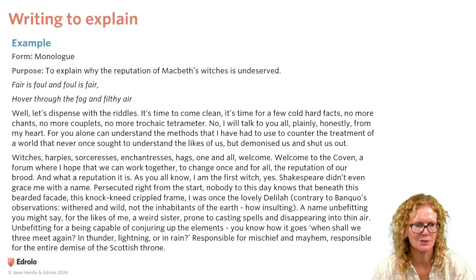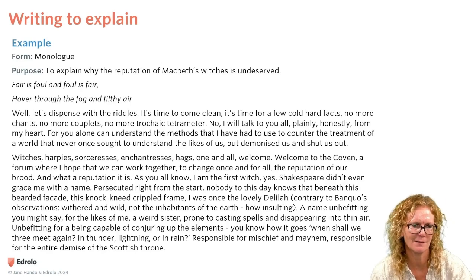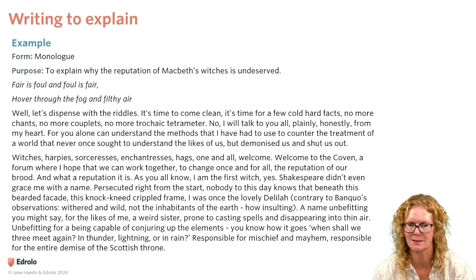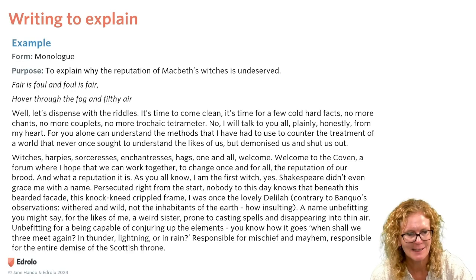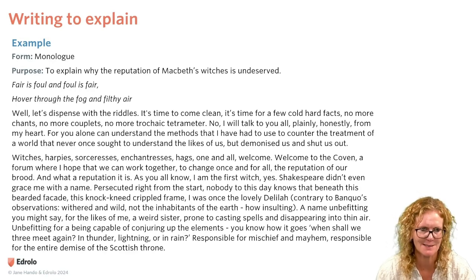And now we're moving to an example of writing to explain. Now this is mixing it up a little bit. So this is a piece I wrote a couple of years ago when we were studying Macbeth in year 10. And I've incorporated a creative component to this explanatory piece. So it's in the form of a monologue.